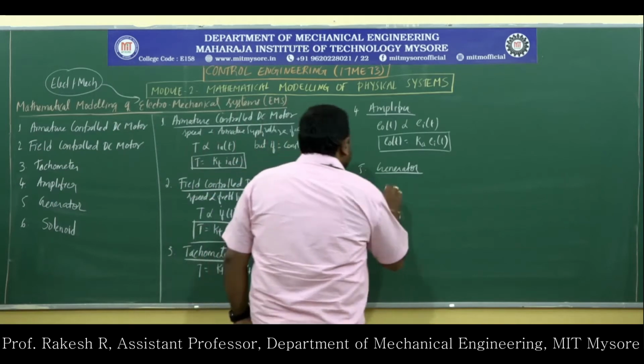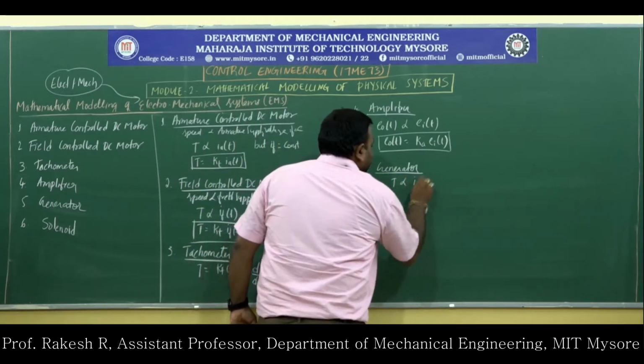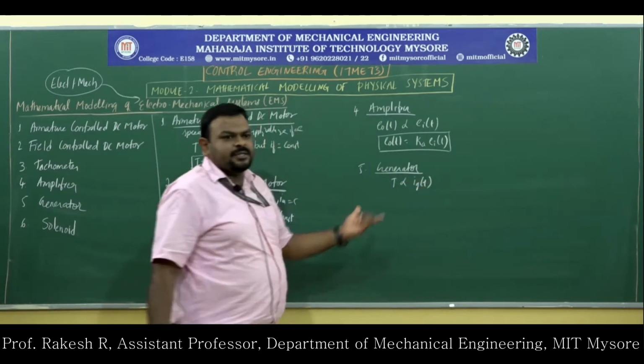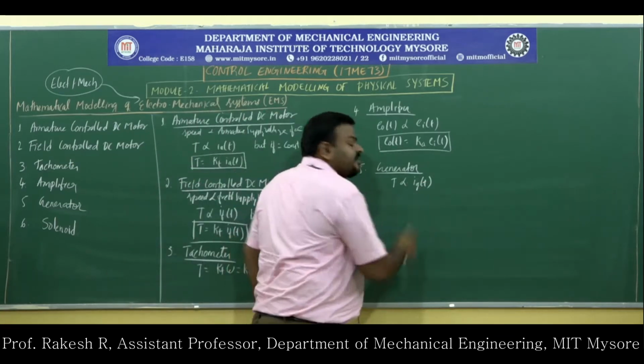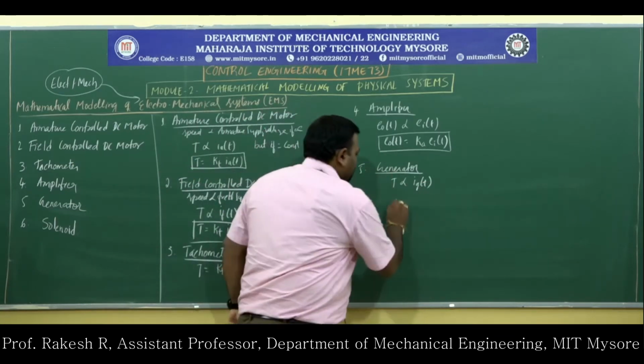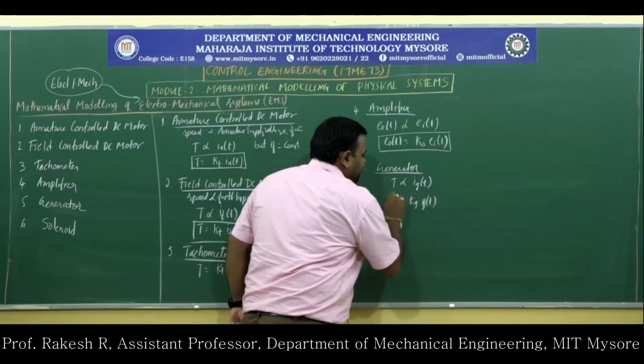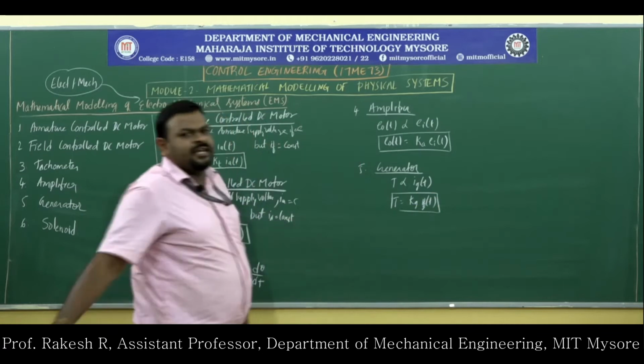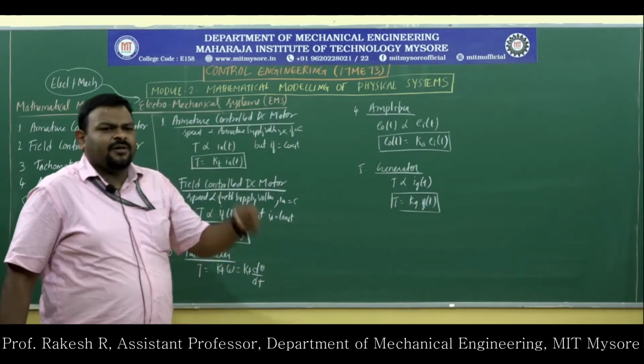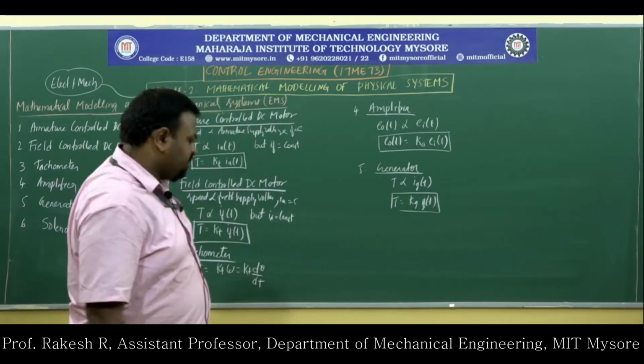So the torque is directly proportional to the generator current, which is simply the field current. So torque will be equal to Kg into field current or generator current, where Kg is the torque constant, or generator constant.